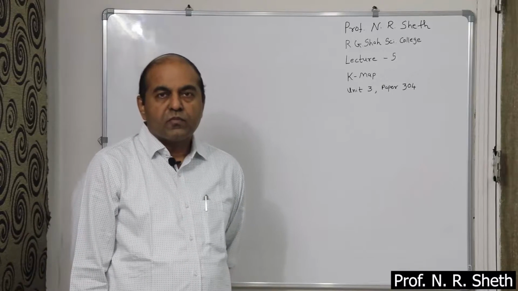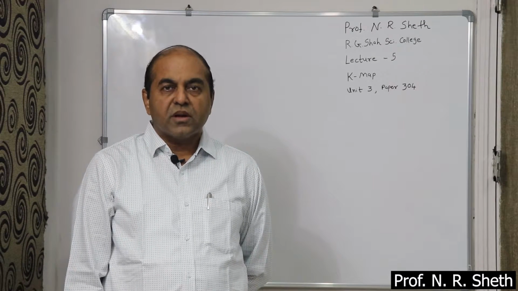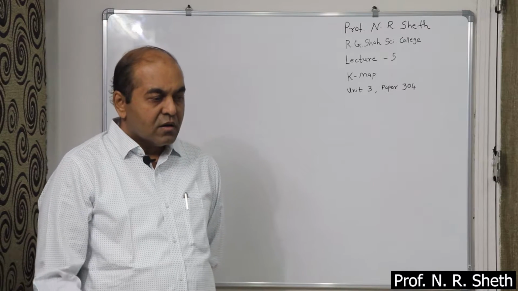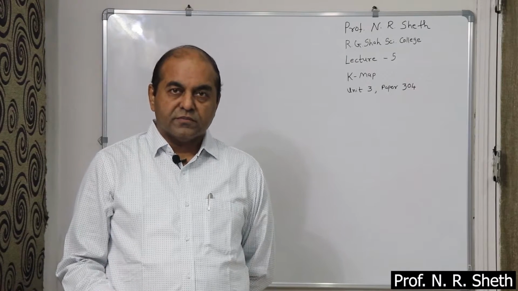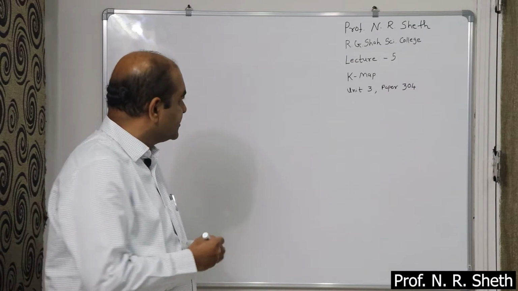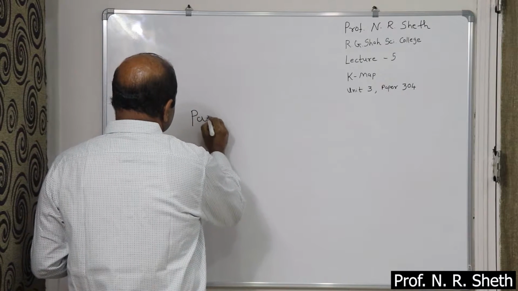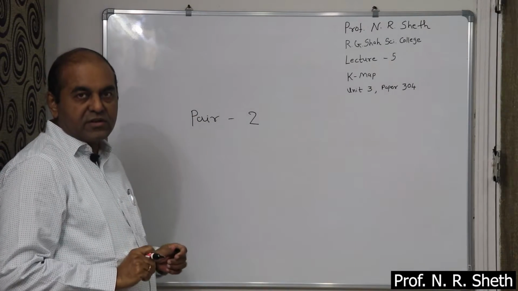Hello student. In the last lecture we discussed three properties of K-map: how to prepare a pair, quad and octet. Pair means a group of two ones.